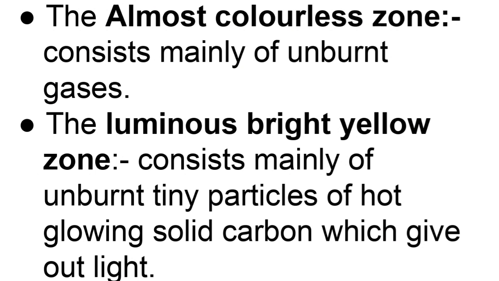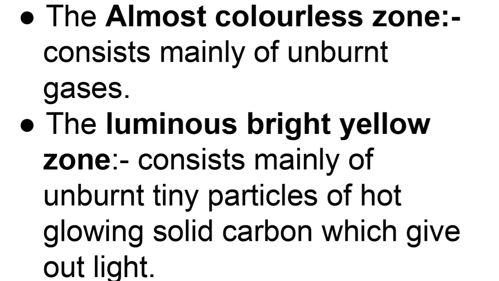Then we move on to the almost colorless zone. This zone consists mainly of unburned gases found at the middle of the flame. Then we have the luminous bright yellow zone, or we just call it the bright yellow zone.